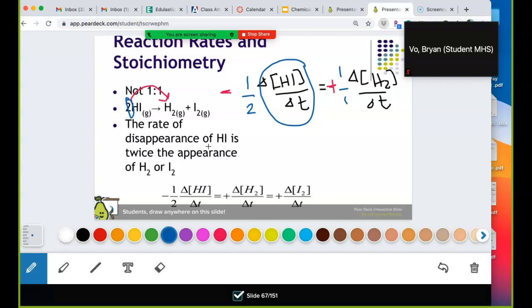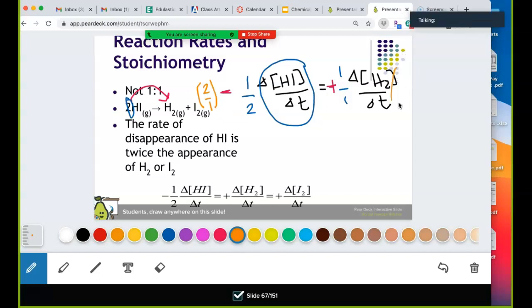That's the reciprocal. So this is gone. So this ends up being 2.